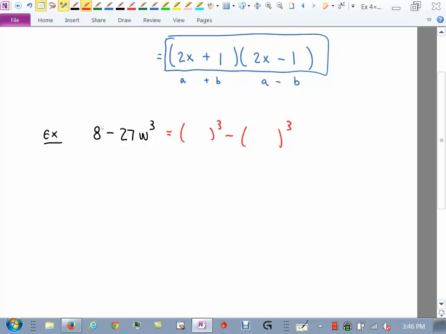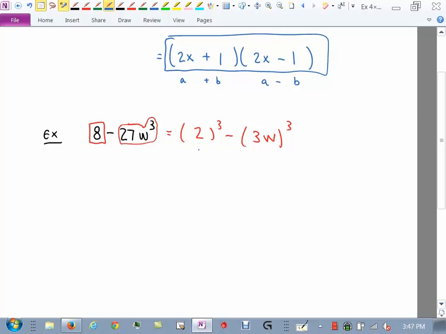So how can I get 8? By cubing what? 2. How can I get 27? 3, and then how do I get w cubed? I have to cube a w, don't I? So if I cube 2, I get 8. If I cube 3w, I get 27w cubed.